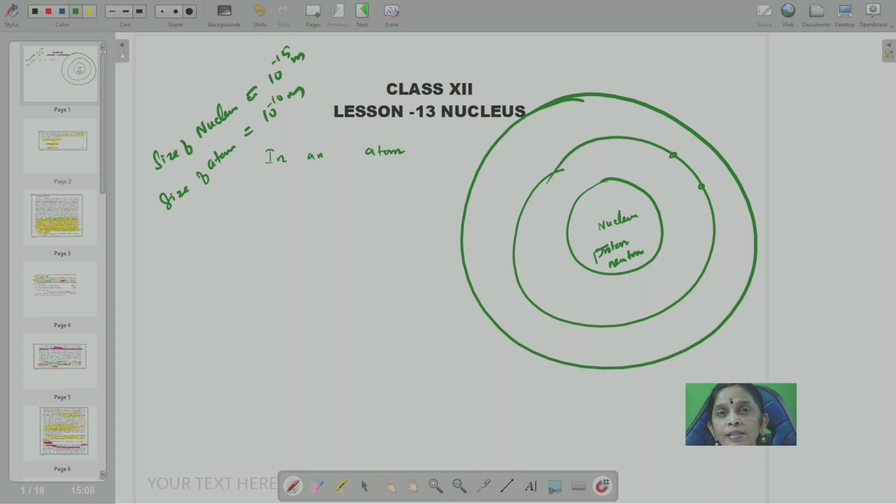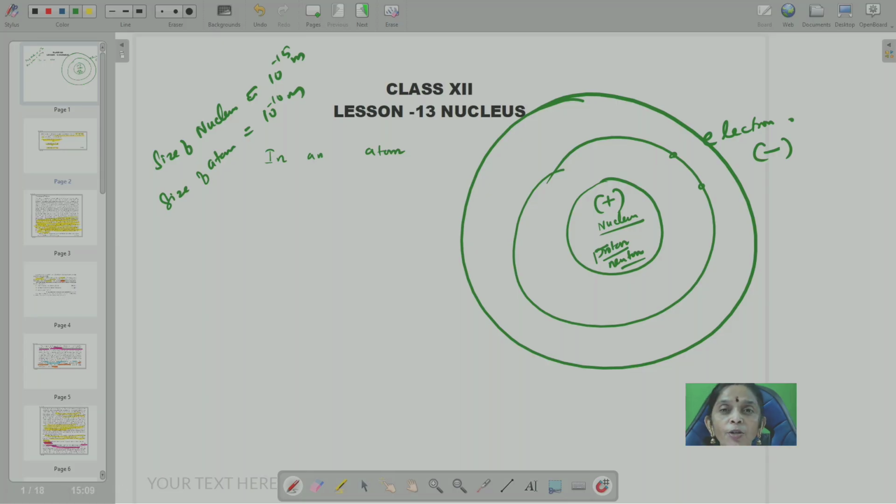So there is a large distance between the center of the nucleus and the first orbit and second orbit, and so on. But then also there is a huge energy which binds the nucleons together. So proton, neutron is present, the electron is revolving around it. Electron is a negative charge and nucleus is a positive charge, so there is a strong Coulomb's force which exists between that, all that we have learnt.